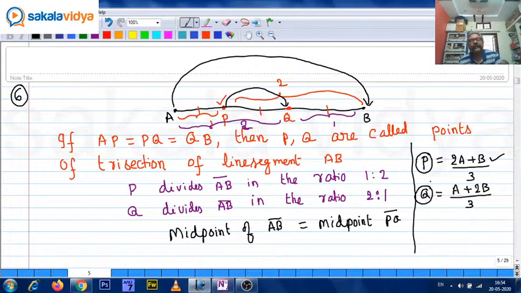It can be applied if A is (x1, y1, z1) and B is (x2, y2, z2). Easily we can find it. So this is about the points of trisection that we have discussed.